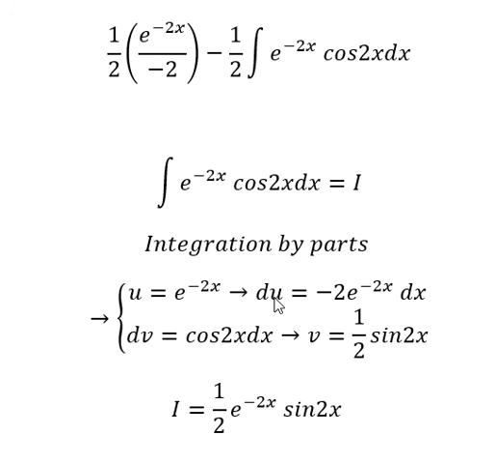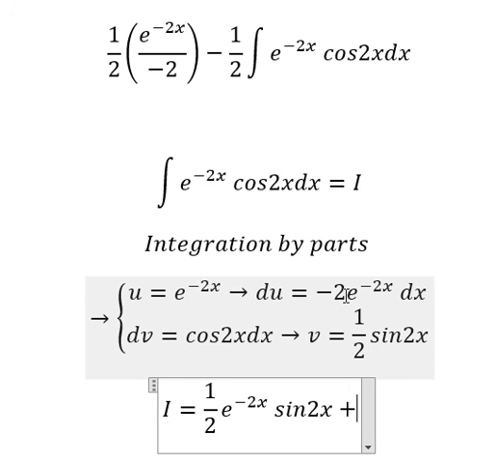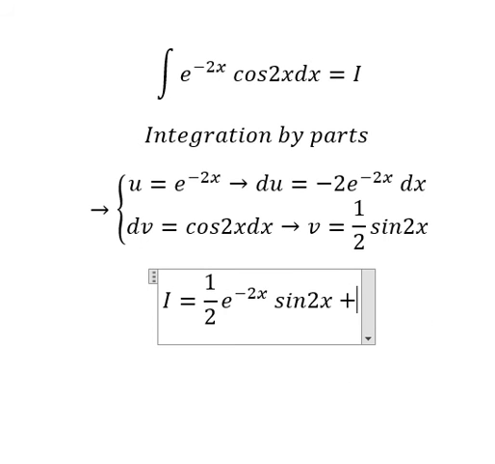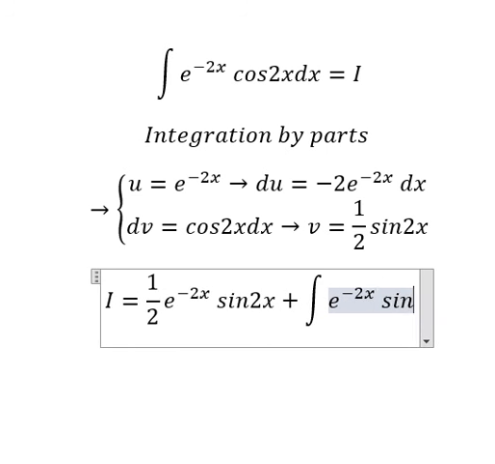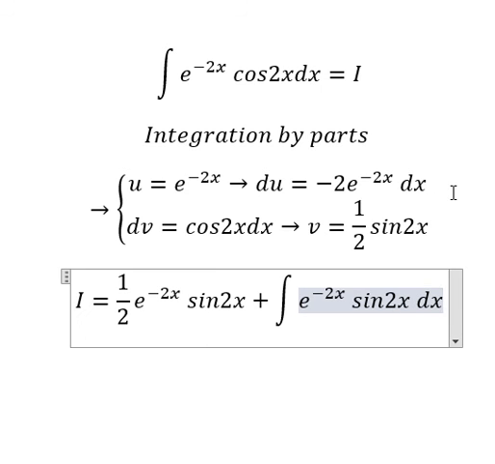Next, du multiplied by v, but we have the negative in here, so you get positive 2 divided by 2, which gives 1. So you will get the integration of e to the power of negative 2x sine 2x dx.